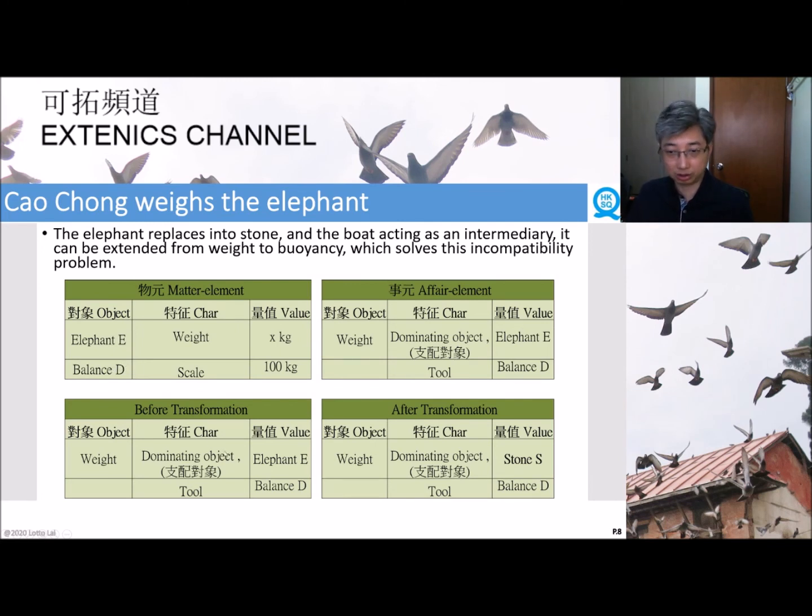When we use the substitution, before transformation and after transformation, we change the elephant to stones. It's a substitution. So we say the elephant is replaced by stones, and the boat acts as the intermediary. It can be extended this way, which solves the incompatible problem. It is a very traditional Chinese story using the substitution transformation.